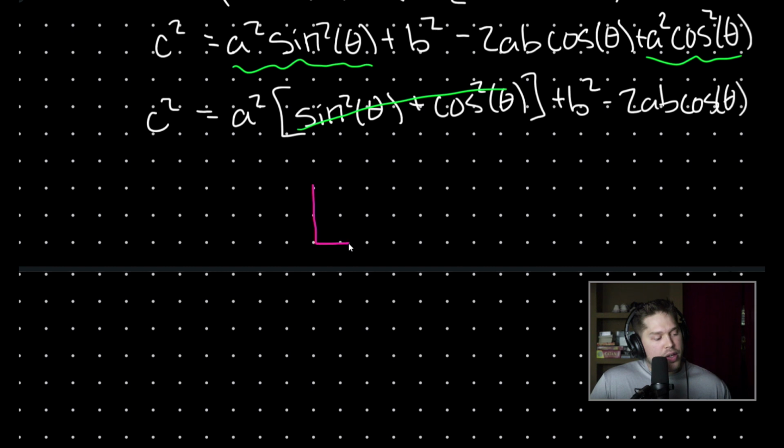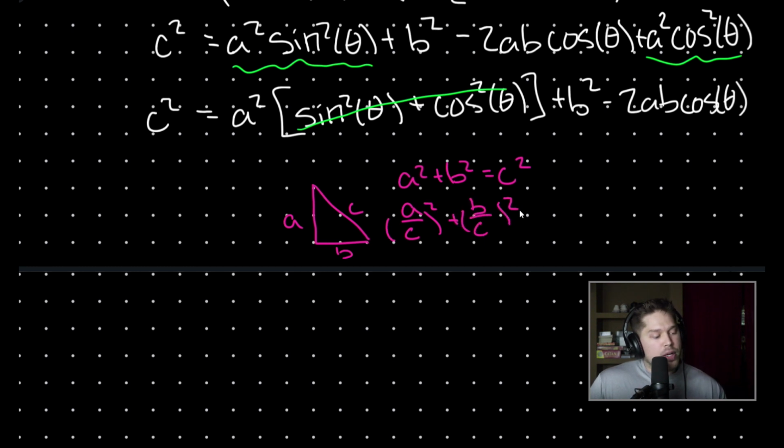I just want you to think of a right triangle. Let's say we have some right triangle. We have A, B, and C. We know Pythagorean's theorem tells us a squared plus b squared is equal to c squared. And so if we divide both sides by c squared, what will we have? Well, we're going to have a over c squared plus b over c squared is equal to 1.